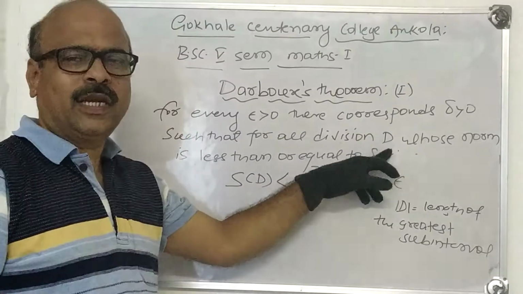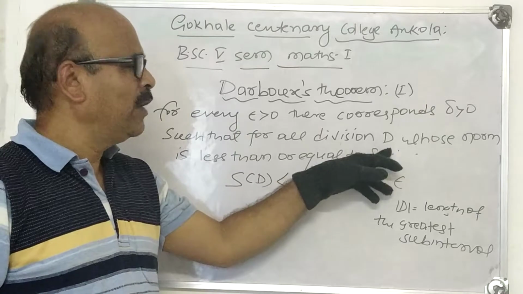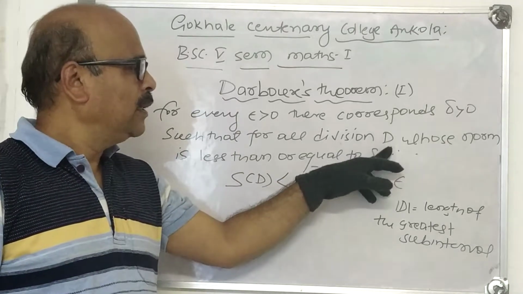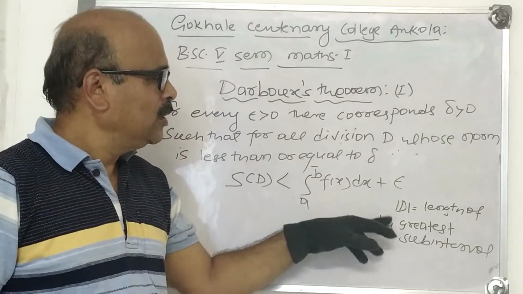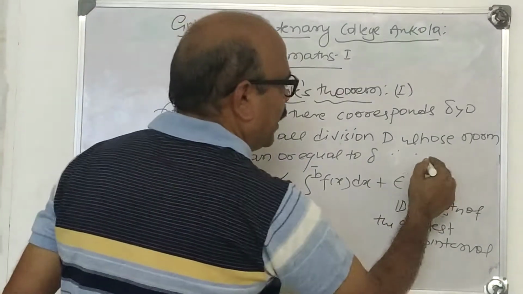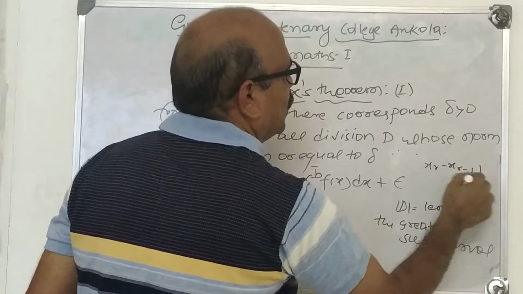To begin with Riemann integration, we have considered this closed interval divided into n number of subintervals, and one of the r-th subintervals has length x_r minus x_{r-1}.